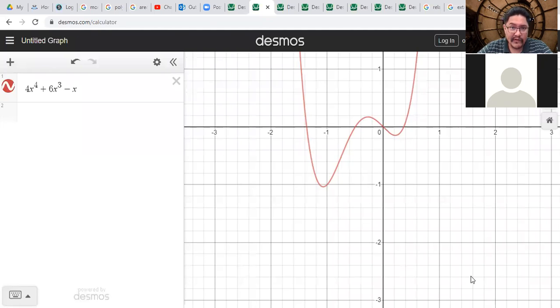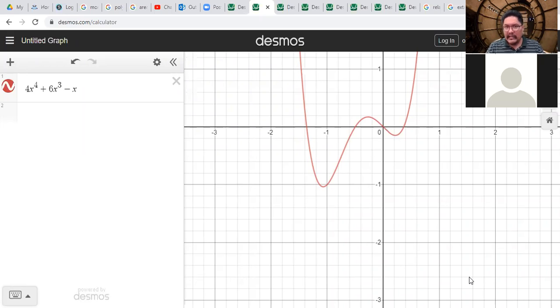So here we go. For number 1, I already have it graphed. And we get this weird shape, and you'll notice that this is a little bit different than the parent function, because when you start adding in extra terms, you start getting what I call extra segments in the graph, in the function.